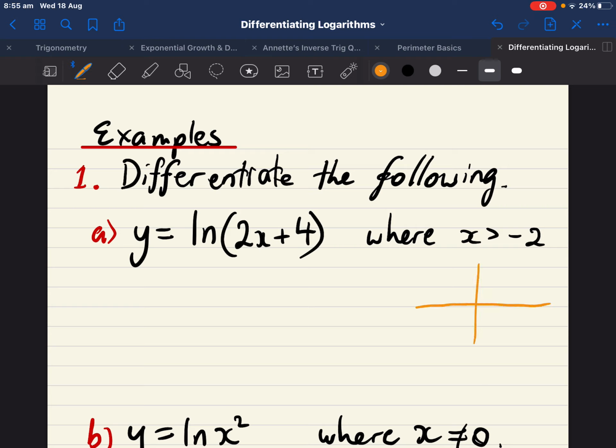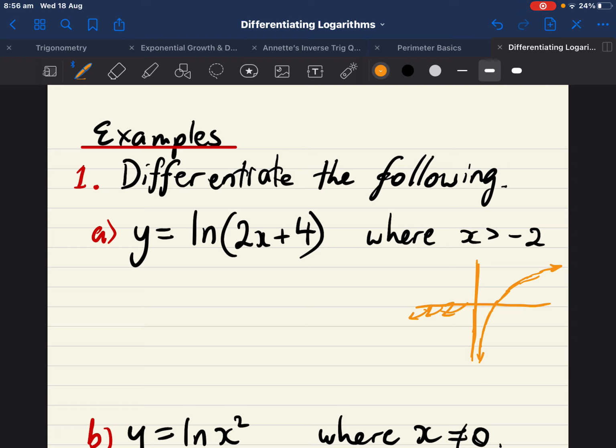If you think back to what the log graph looks like, it heads off to -infinity as you get closer and closer to 0, but a log graph does not actually exist at the point 0 or for any of these negative values. So that's why we're restricting the domain there.